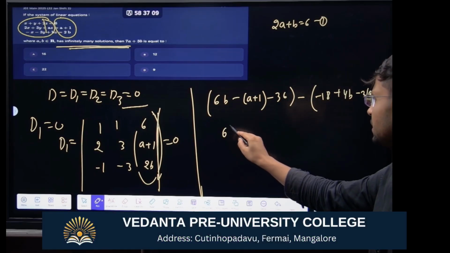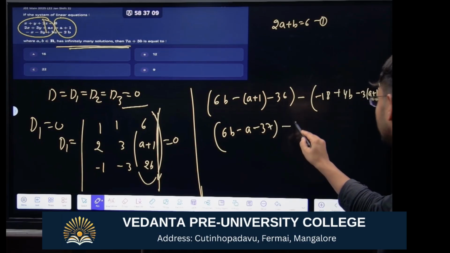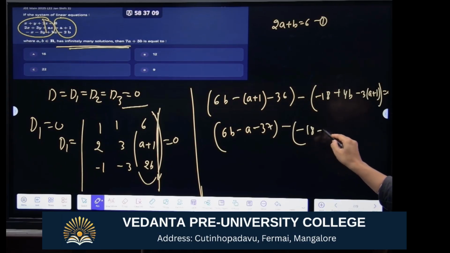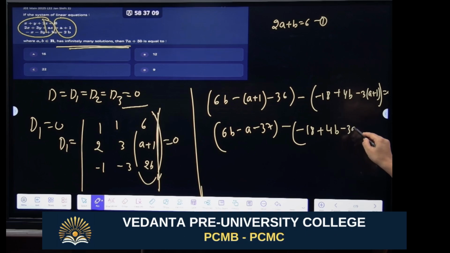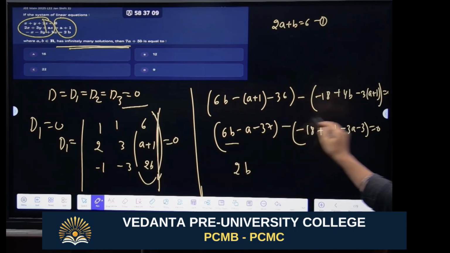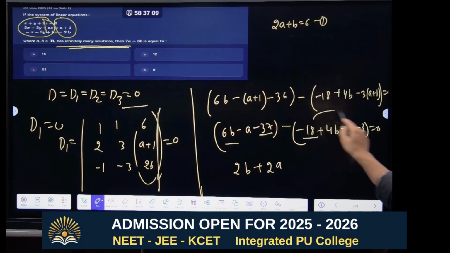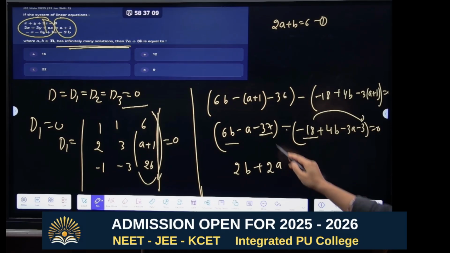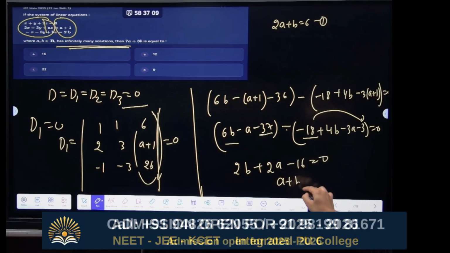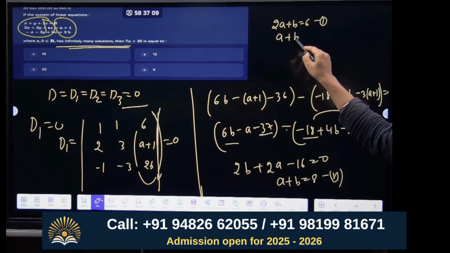So 6B minus A minus 1 minus 37, minus 18 plus 4B minus 3A minus 3 will be 0. So 6B minus 4B is 2B, minus A plus 3A will be 2A, minus 37 and this is minus 21, plus 21 minus with minus, so minus 37 plus 21 is minus 16. So 2A plus B will be equal to 8.